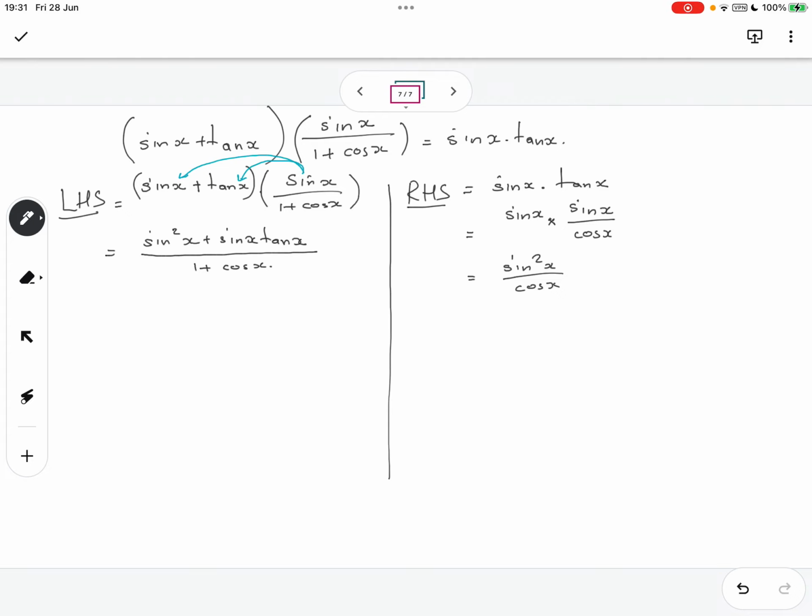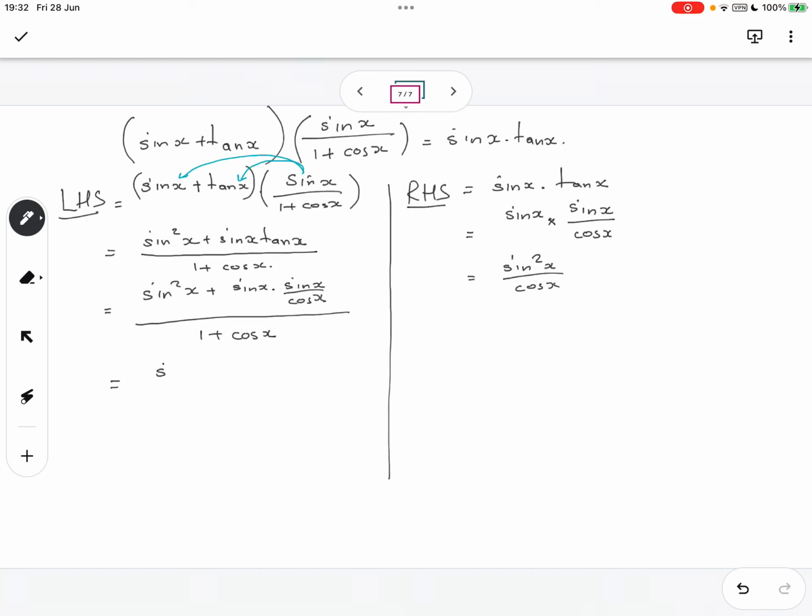Then we can say, am I doing it right? Maybe not. Then we can have sine squared of x plus sine x times the sine of x over cos x, over 1 plus cos of x.